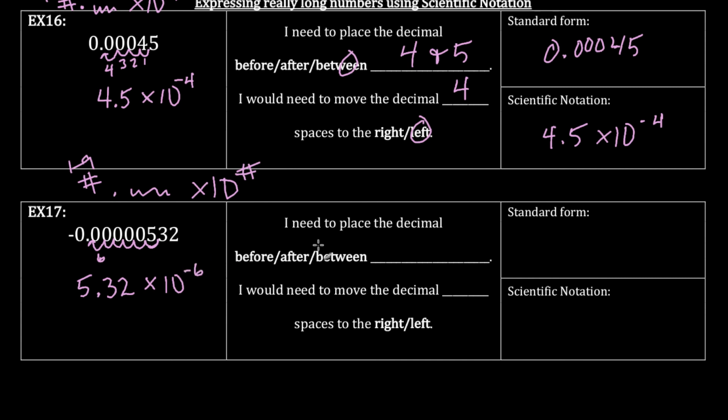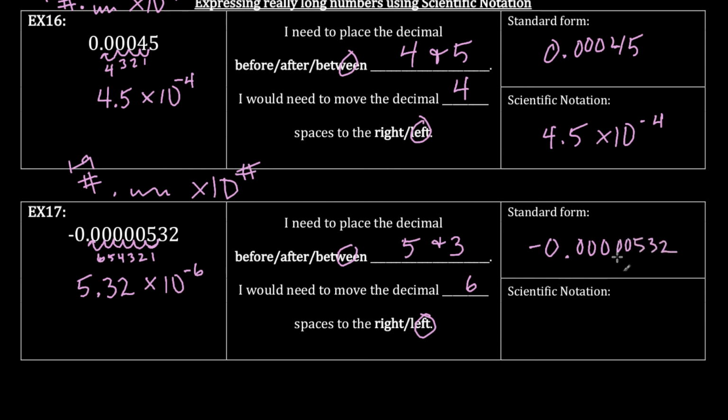So I needed to put the decimal between the 5 and the 3. Remember, you can describe it any way you want. I would need to move the decimal 6 spaces to the left to get there. So my original number was negative 0.000000532.